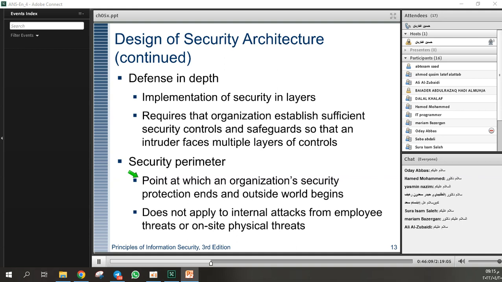When I compare those attacks with the attacks started by employees inside the organization, they are completely different. Mostly the people who are working for my organization are safe, mostly. Yes, maybe sometimes they prepare some attacks.